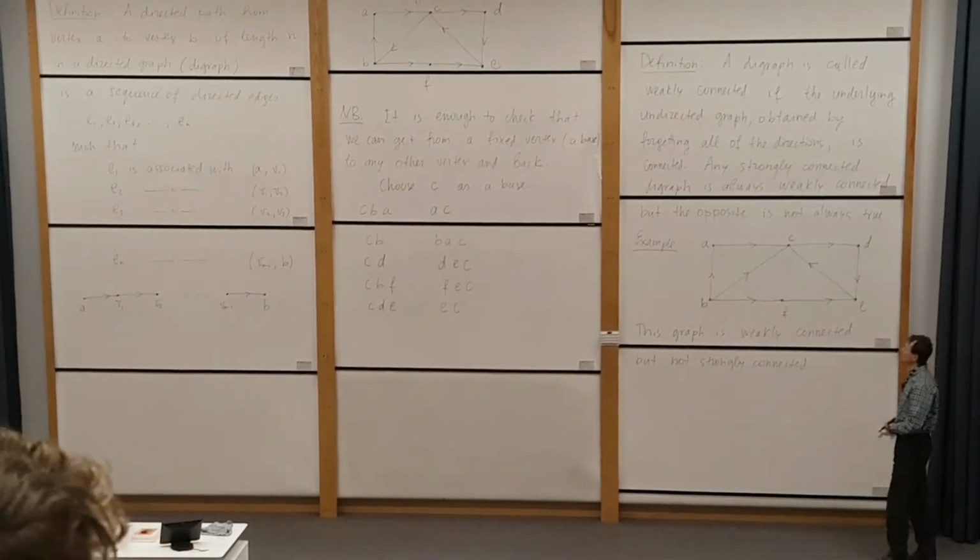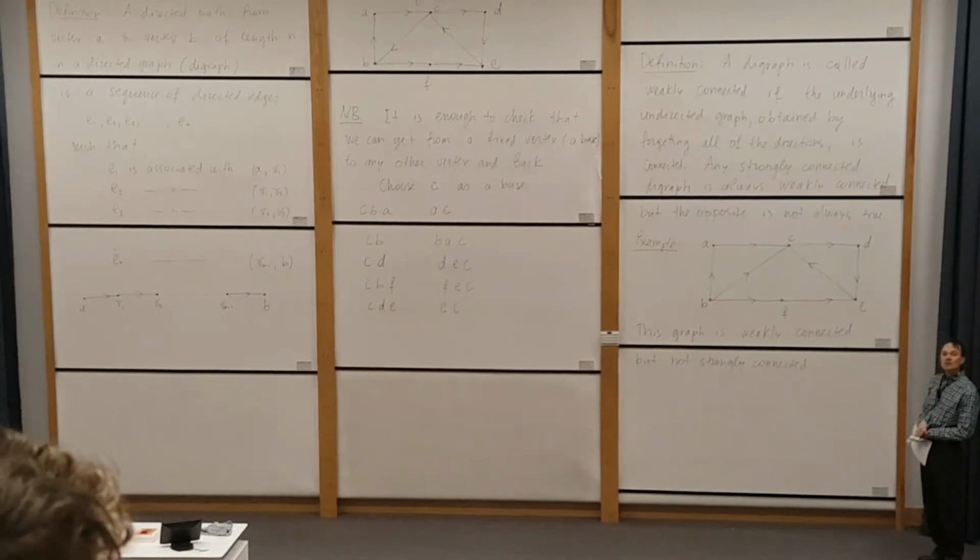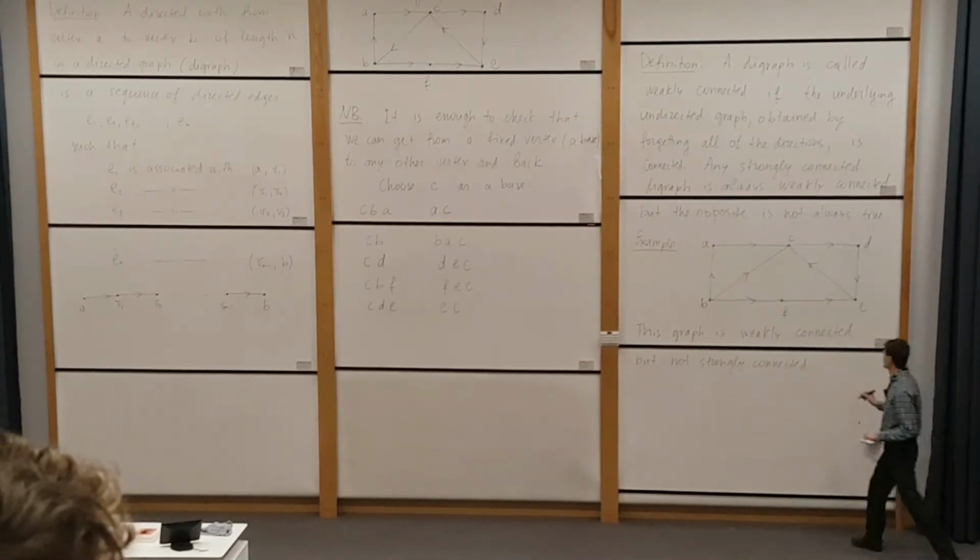but not strongly connected, because B, the vertex B has only outgoing arrows, right? Therefore, there is no way to arrive at B following the arrows.